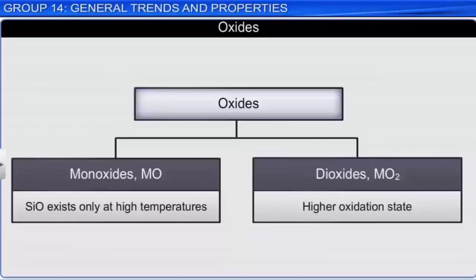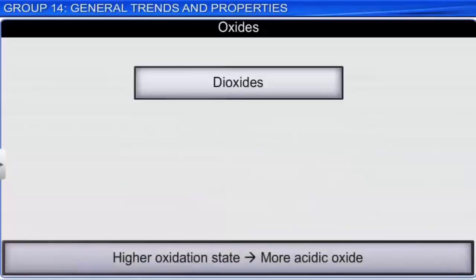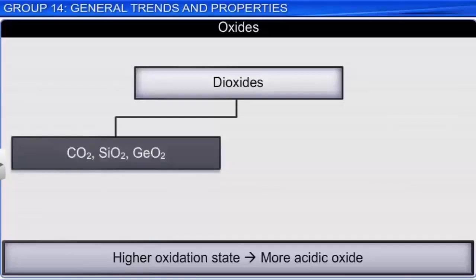In general, the higher the oxidation number of a group 14 element, the more acidic the resulting oxide will be. Thus, we observe that carbon dioxide, silicon dioxide, and germanium dioxide are all acidic oxides.